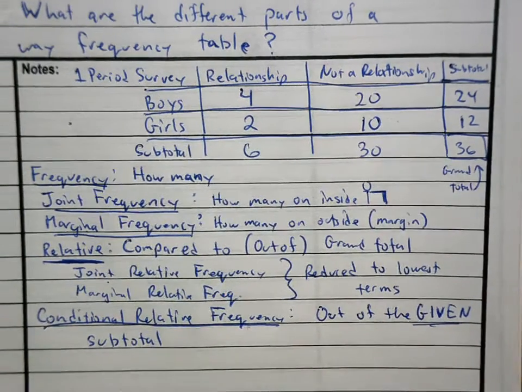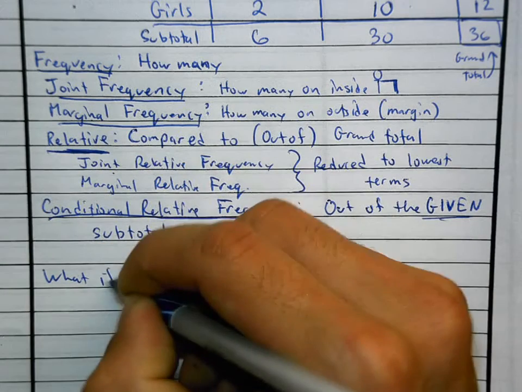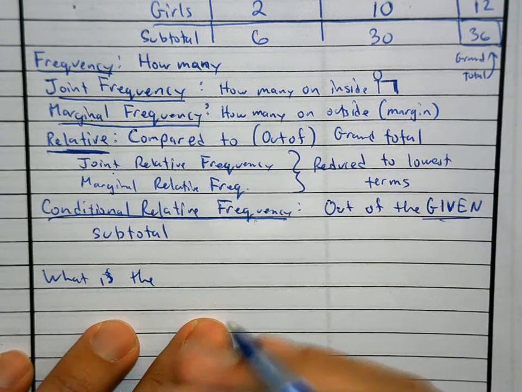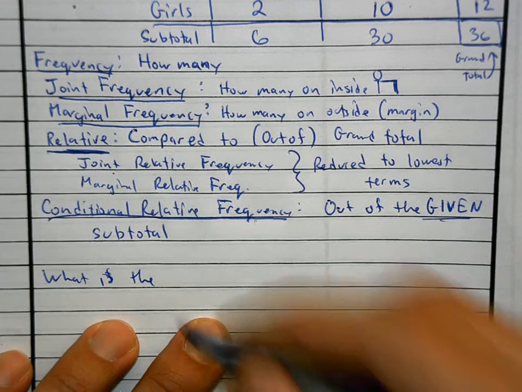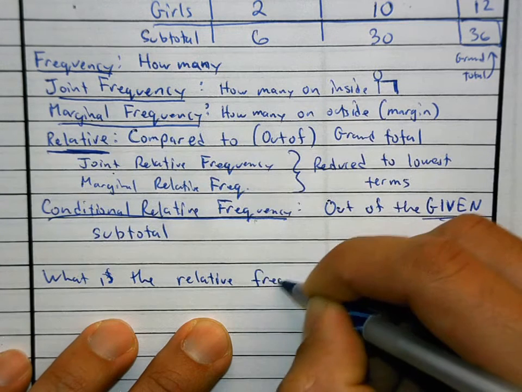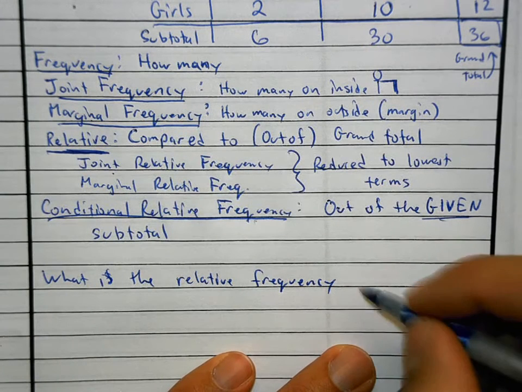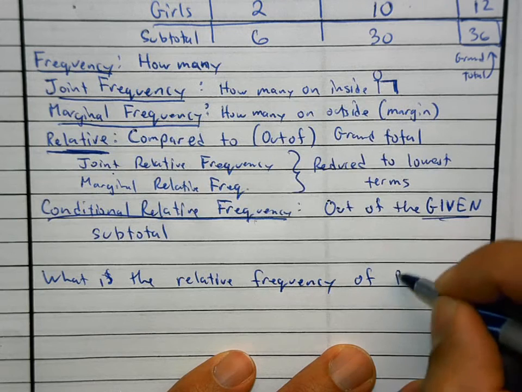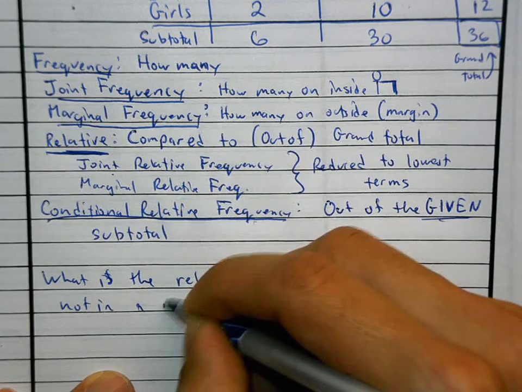I'm going to use the same chart that we're using. We've already done joint frequency and marginal frequency. The relative frequency, we're going to do that. What is the relative frequency of boys not in a relationship?